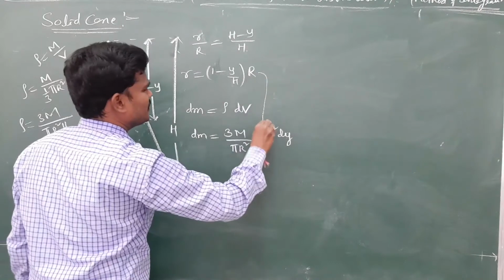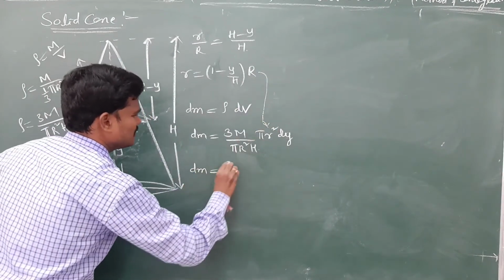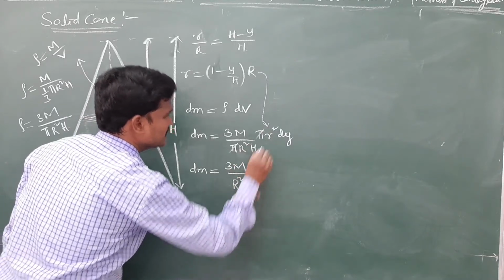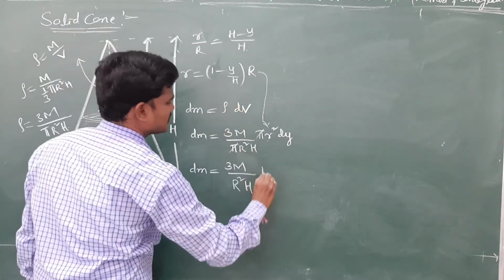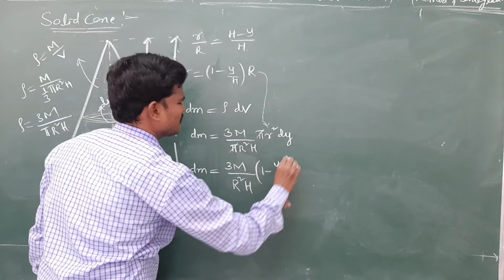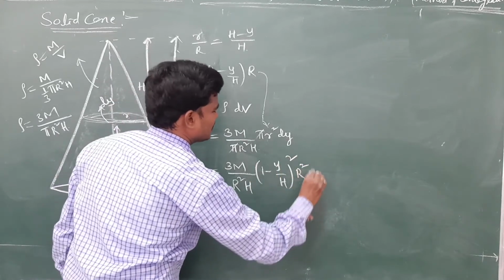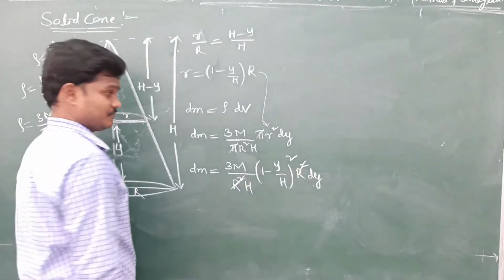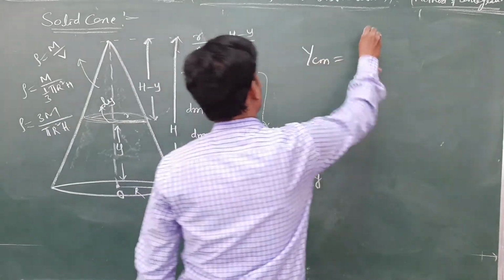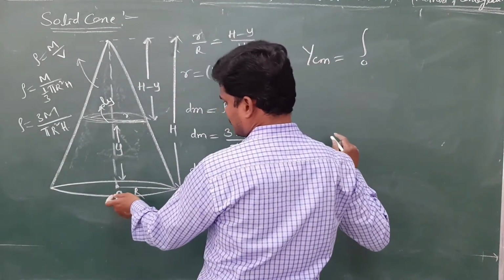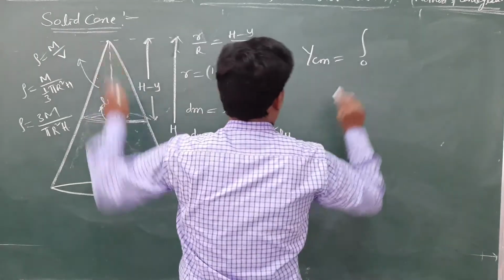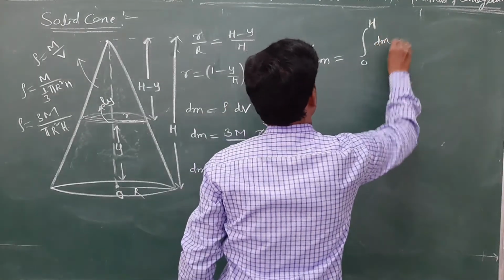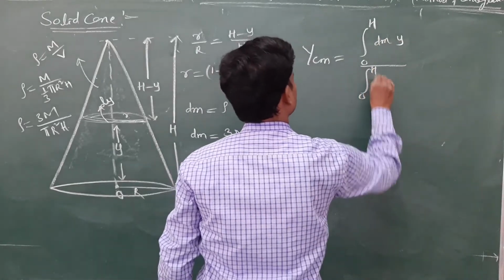Let us substitute this r value here. dm is equal to 3, so pi you can strike off. 3m by R square h, small r becomes 1 minus y by h whole square R square dy. R square is struck off. And the y coordinate of center of mass goes from 0 to h, height is h, dm into y, 0 to h.